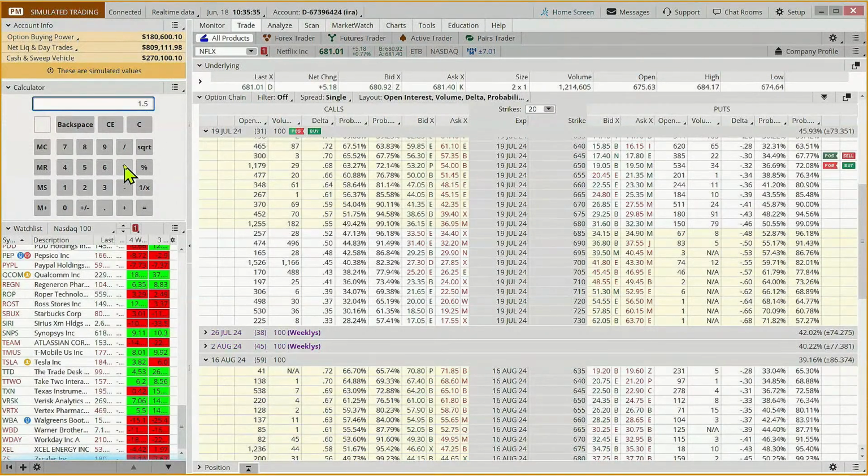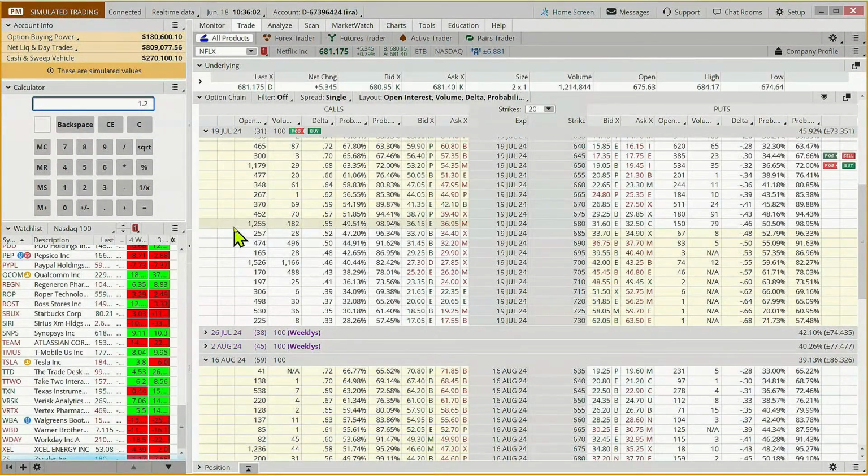If I multiply that by 0.2, that's 30 cents. Well, that means I've got 80% of my max gain. So that's how I calculate that. Or you could take, okay, I'm being paid $1.50 to get in. I'm going to multiply that by 0.8. That's $1.20. And then I'm going to subtract that from $1.50. Either way, I get to 30 cents.